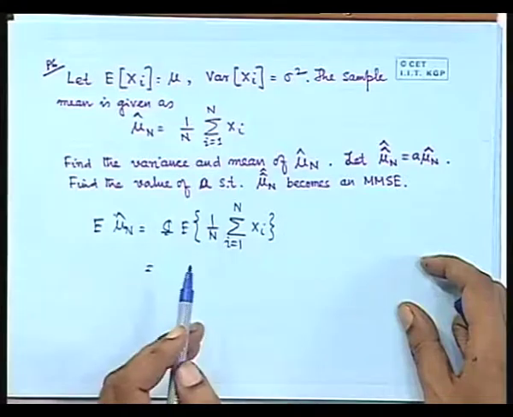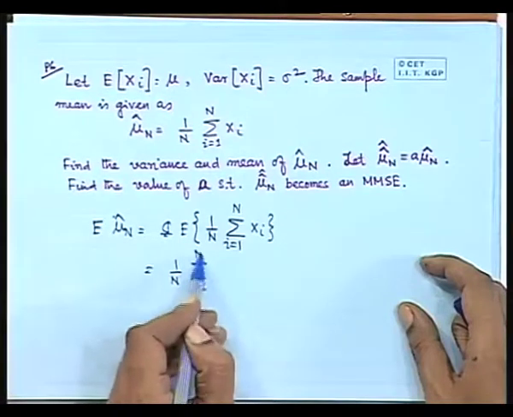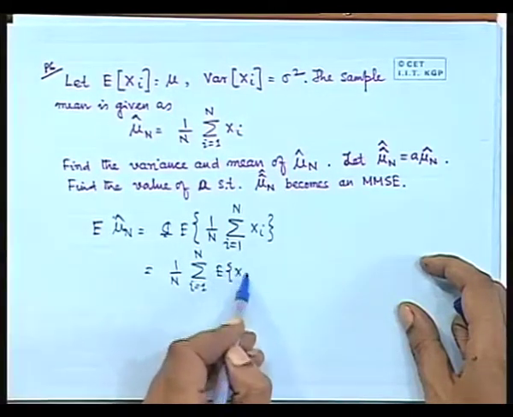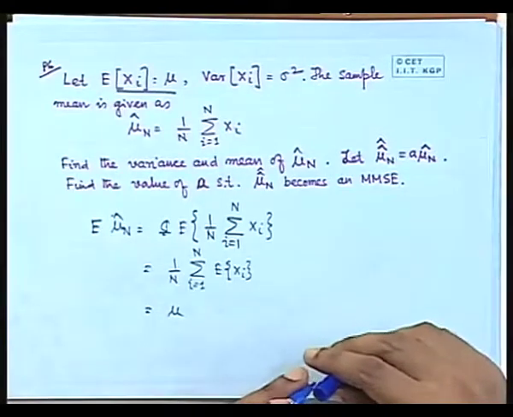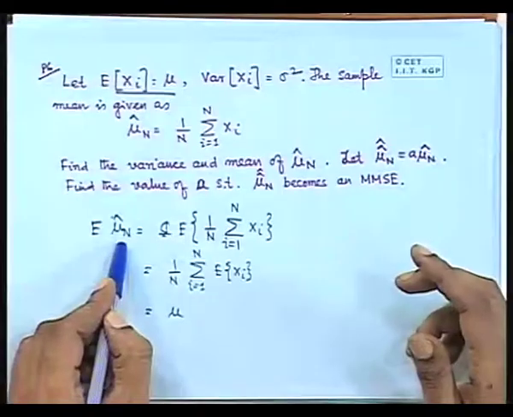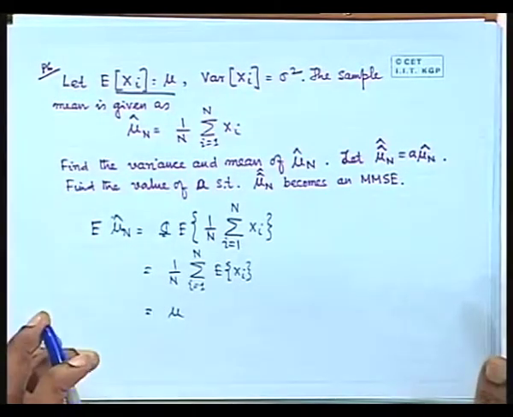So put expectation, take it inside, this is a finite sum, there is no question of limits not converging, etc. So it is 1 by n sigma i equal to 1 to n expectation of xi. Expectation of xi is already given as mu, so it is mu. So it turns out that the expectation of this random variable at least matches with the distribution. Such estimators are called unbiased estimators. So that is one good thing.